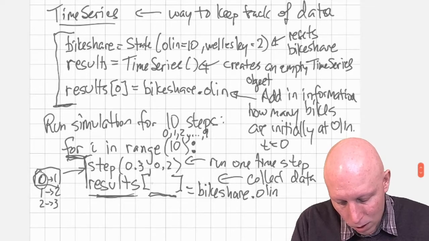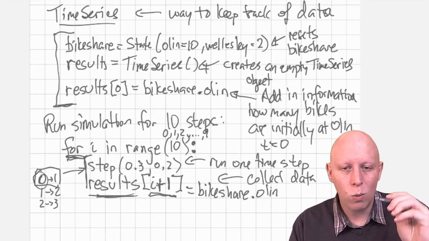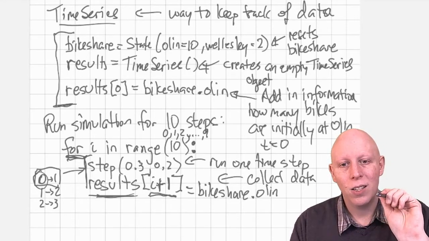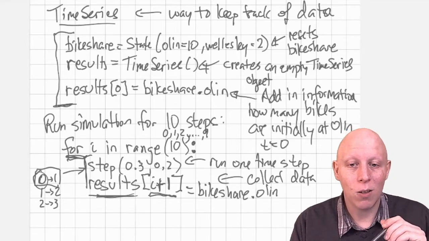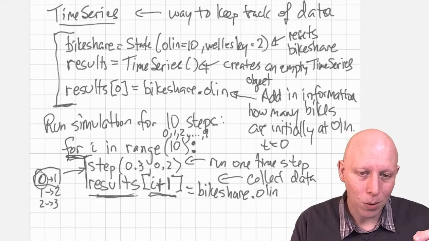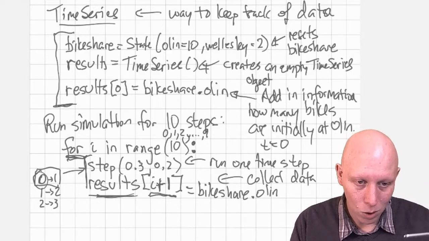So this is results of i plus 1, because when i is 0 in the loop, the results are the value of how many bikes there are at time 1. When i is equal to 1, then we run the step and we plug in the information about what the results are at time 2.